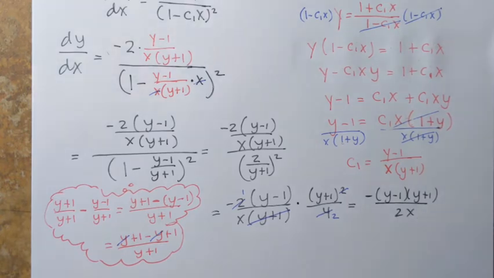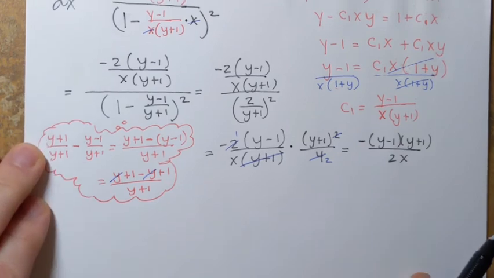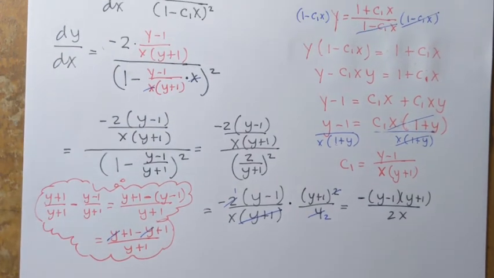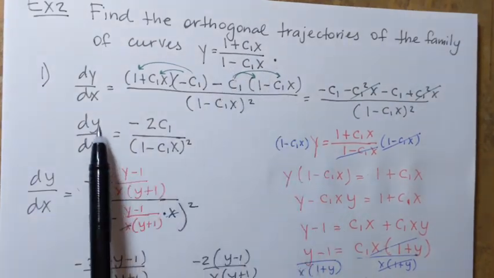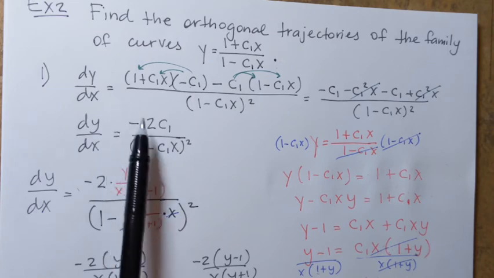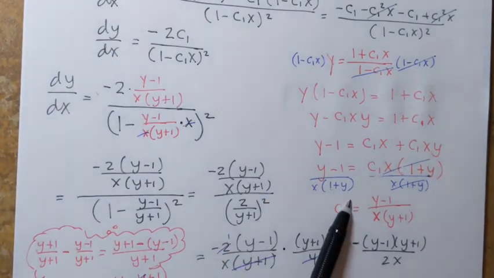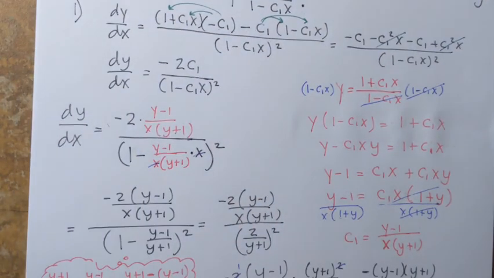Okay, perfect. So putting this all together, let's refresh why we needed all that. That was actually the differential equation that corresponds to the given family of curves, right? First we found the derivative, and then we replaced C1 with the appropriate expression from the original equation, and that's what we obtained.